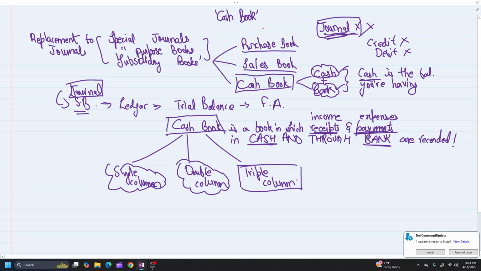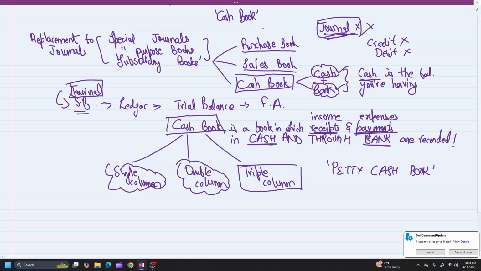This is the triple column cash book, relevant in daily life as well. And there is something called petty cash book. About this we will be talking towards the end of the chapter.